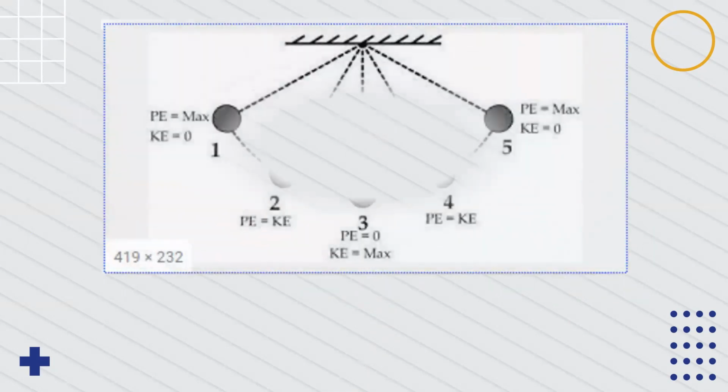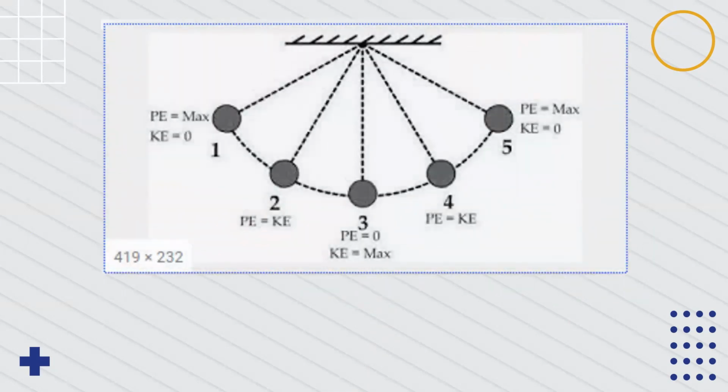Looking at this diagram, as you can see here, at the center vertical point of the pendulum, which is number 3, the potential energy is 0, while the kinetic energy is at its maximum.